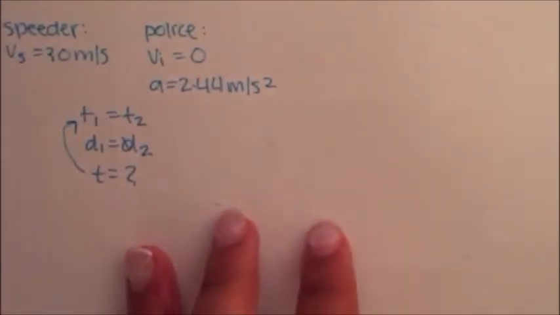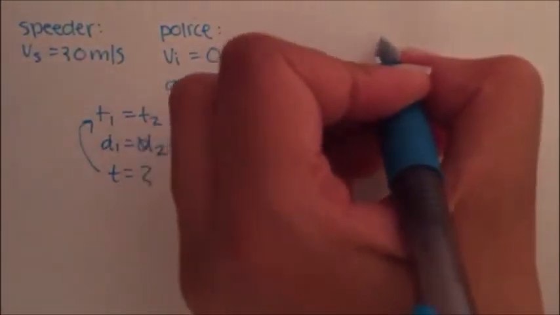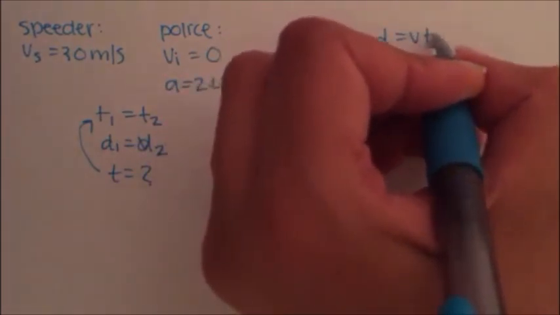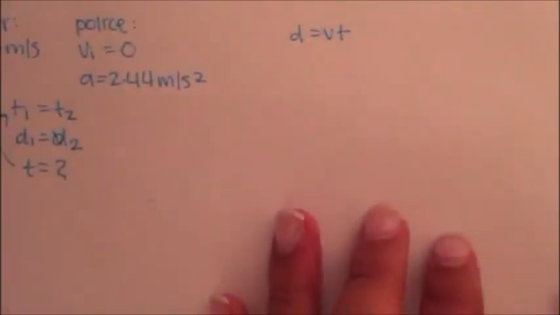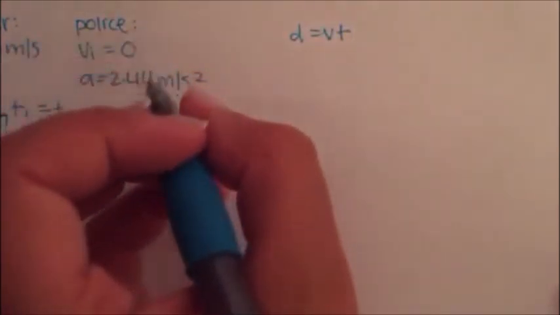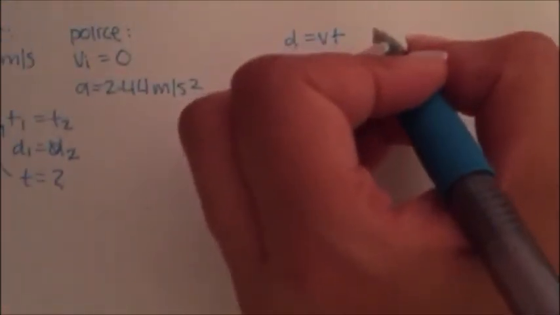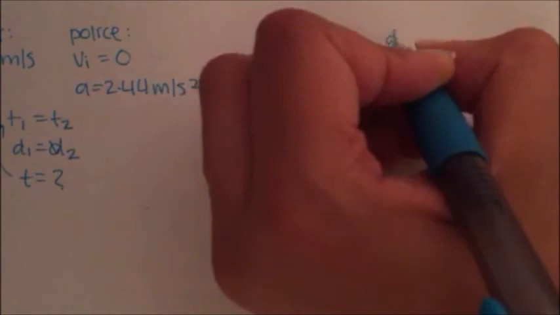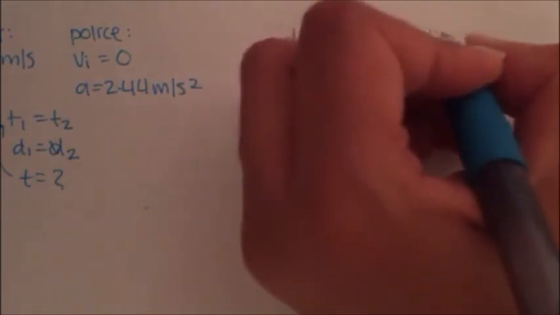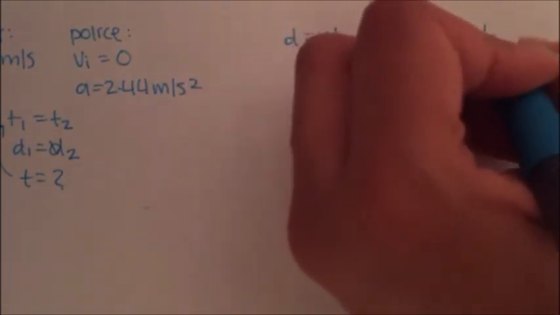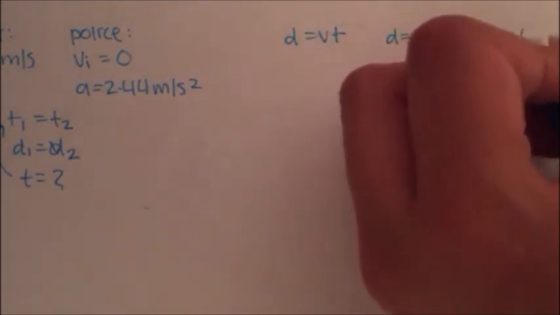Okay, so now we're going to figure out what equations we need to use. For the constant motion, we always use distance equals velocity times time. And for the changing motion, using the variables that we have, we're going to use distance equals the initial velocity times time plus 1/2 at squared.